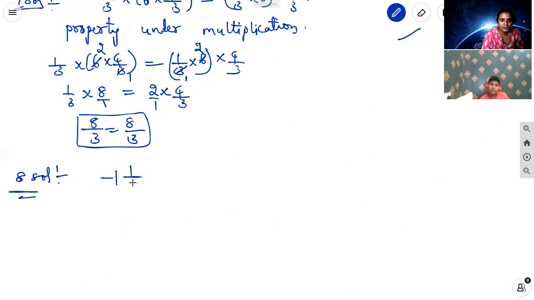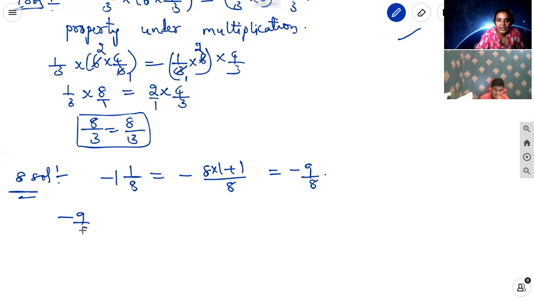Minus 1 into 1 by 8. The mixed fraction is converted into an improper fraction. That is minus 8 into 1 plus 1 by 8. That is equal to minus 9 by 8.